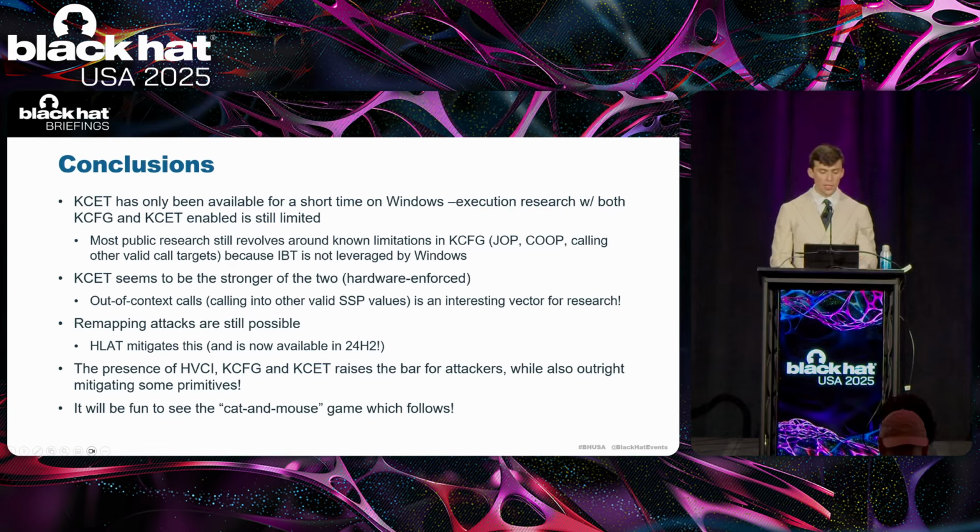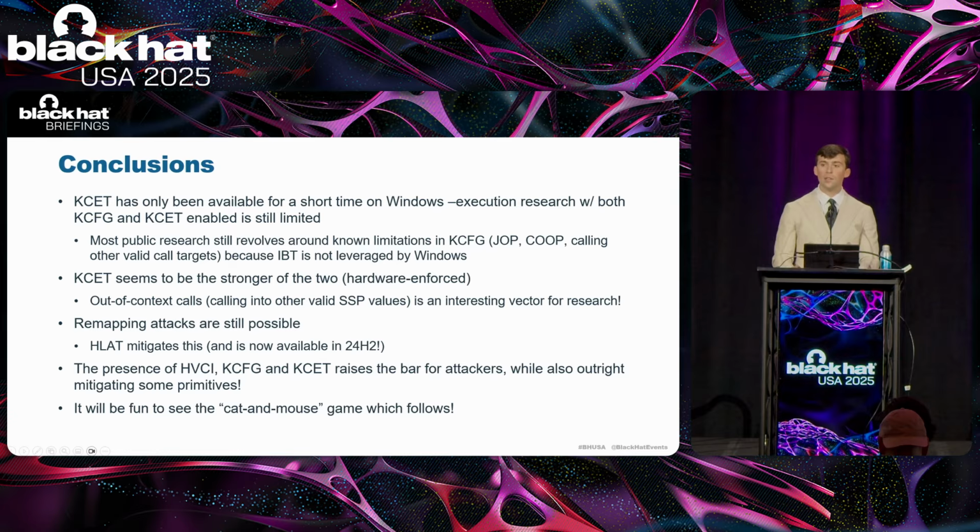Obviously, kernel CET seems to be the stronger of the two mitigations. It's hardware enforced as well. I think that out-of-context returns could be something that's interesting as well. I've seen it maybe talked about before, but no real public POCs and whatnot, so I think that could be an interesting vector for research. But you can obviously still do remapping. As I talked about earlier, we have the supervisor shadow stack control feature, which can mitigate against this for shadow stacks.